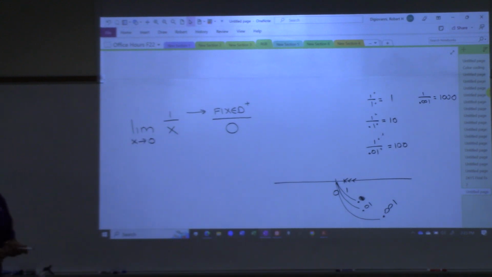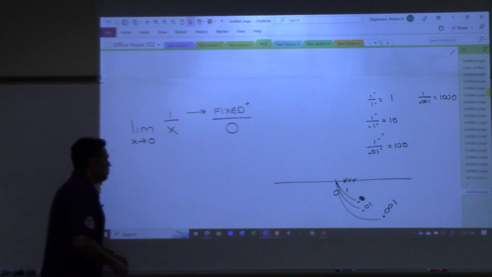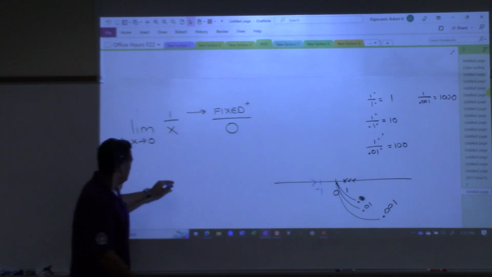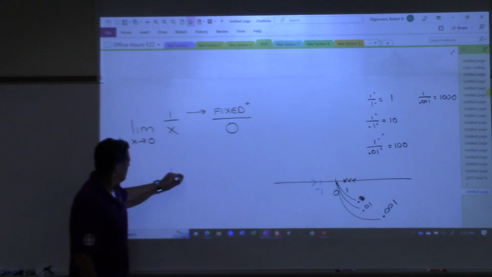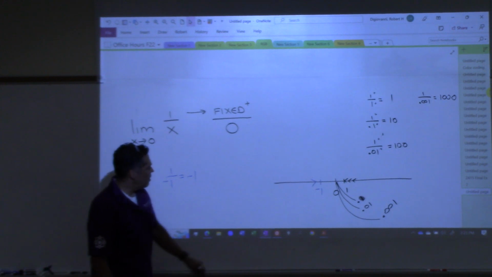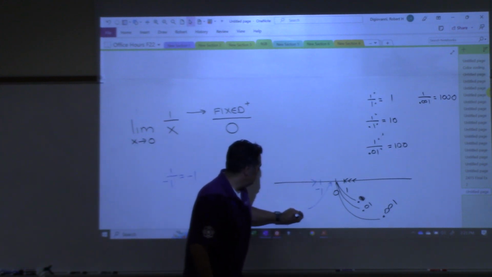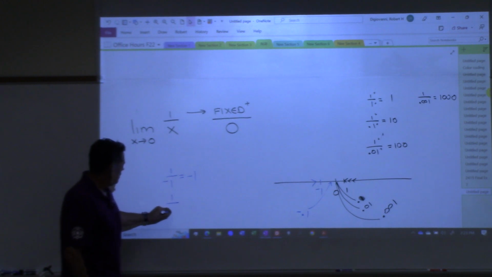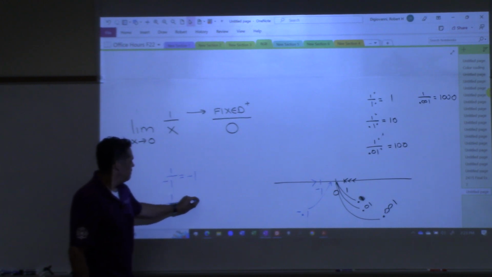What if we come from the other side? So what if I come in from here? Start with -1. What would happen if I plug that in here? I'd get 1 over -1, which is -1. Okay, get closer. -0.1. Plug that in. -10.